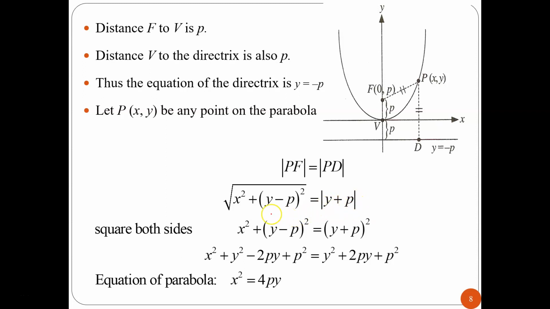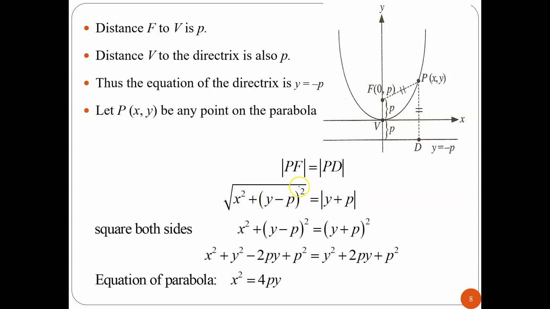Okay. So dekat sini kenapa dia x square? Sebab this one is x, right? And also you need to square it. You tolak x yang ini, tolak kosong, and then you square it. And then you tambah lagi dengan yang y minus p, and then you square it. Dekat sini.